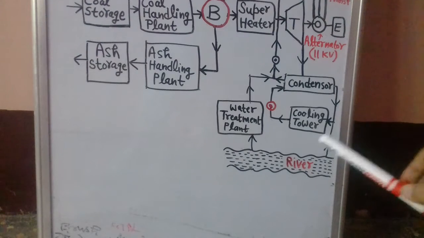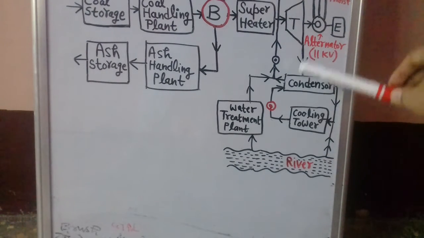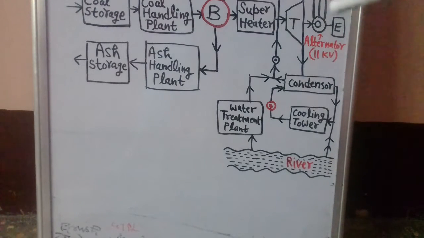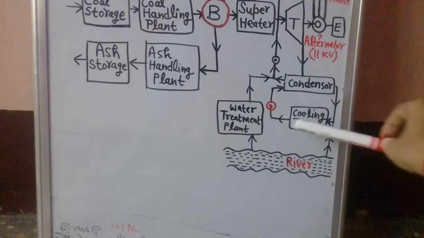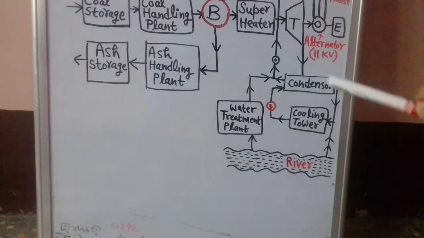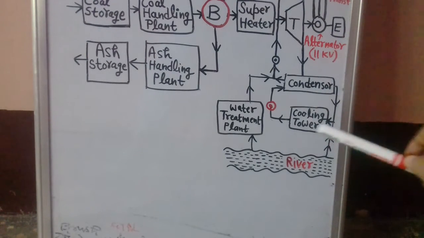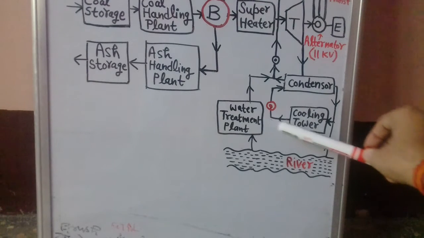Again the cooling tower will be subjected to atmospheric air, again we will sprinkle the water from the top to the bottom ground, and again it will be cooling down. This process will repeat until all the steam gets converted into cold water.